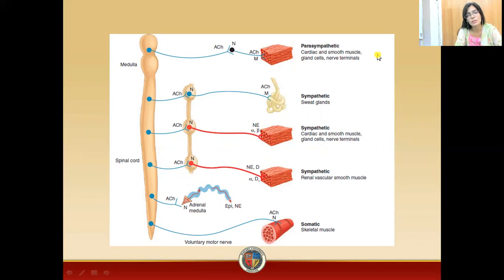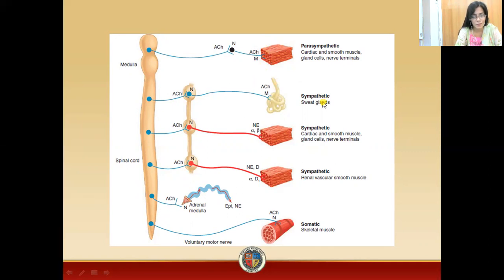Now, in case of the parasympathetic nervous system, the postganglionic fibers are actually releasing acetylcholine, and here M is representing the muscarinic receptor. So, this acetylcholine is acting on the muscarinic receptor.